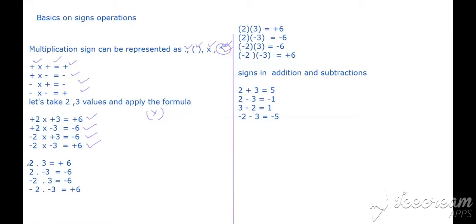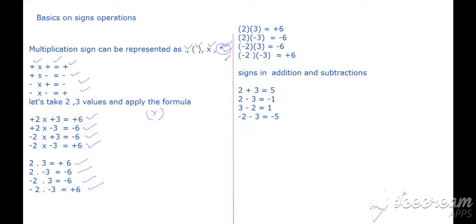Here I didn't put any plus symbol before 2, because we don't always need to put a plus symbol before a number. If there is no sign before it, it means it is positive, but a negative sign we must always mention. So 2 dot 3 is 6, 2 dot minus 3 is minus 6, minus 2 dot 3 is minus 6, and minus 2 dot minus 3 is plus 6.